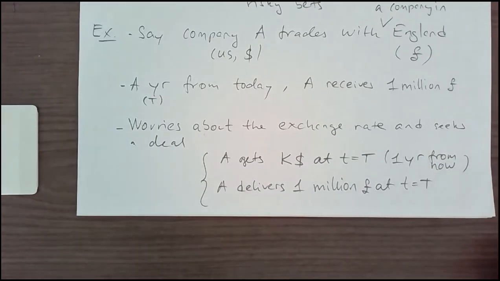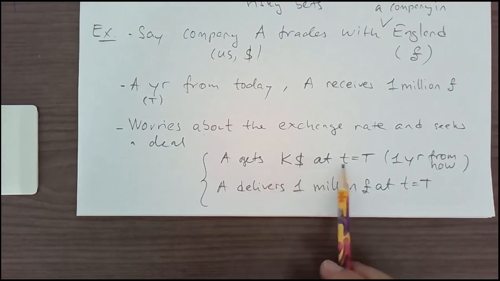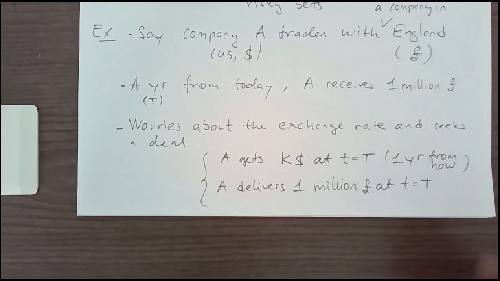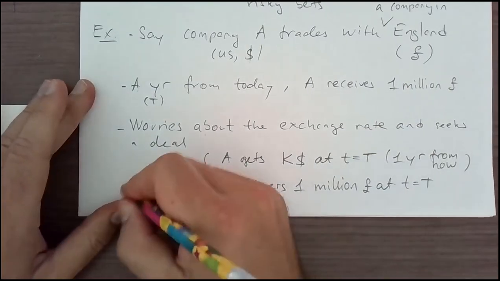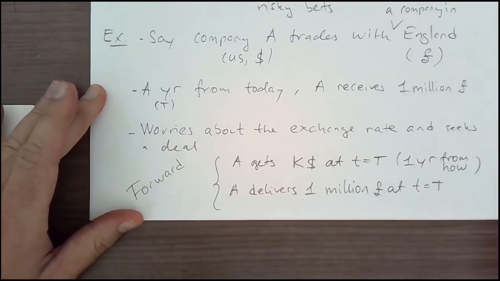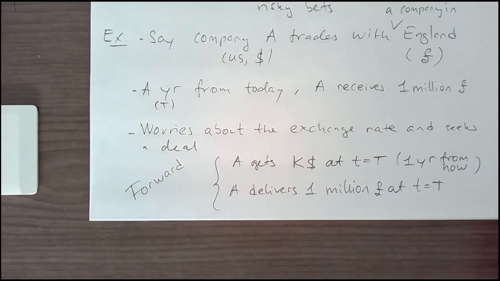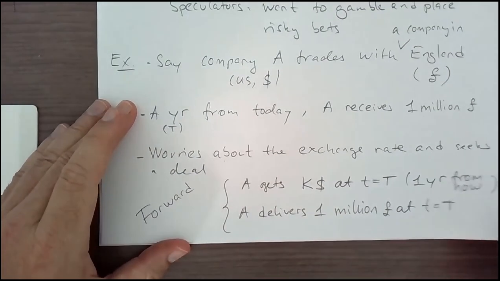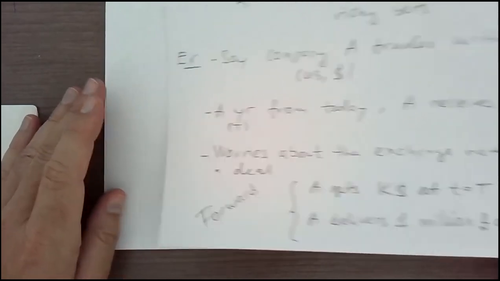He says, I'm going to get K dollars instead of that 1 million. He gives up the million and he gets K instead. This is called a forward. This is the basic structure of a forward. He gets K and he delivers the pounds.